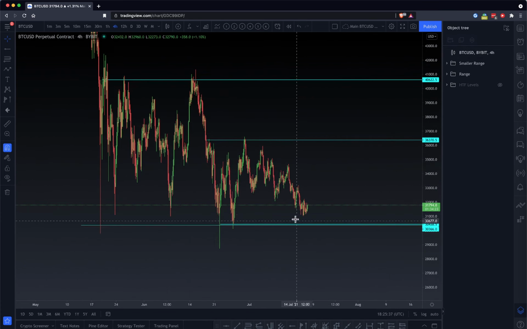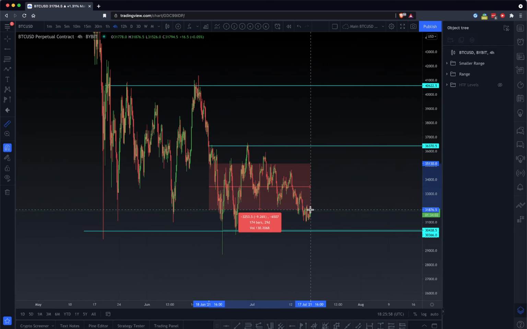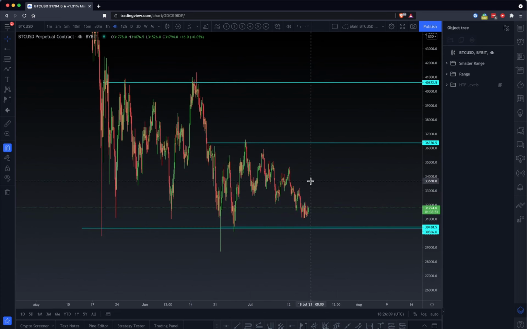Okay, and we are constantly going down, down, down, and until we can basically change this market structure, and then ultimately going outside of this range that we have for how many days, oh, so 1 month we are in this smaller range, and unless we can break this, I don't see anything really bullish here.